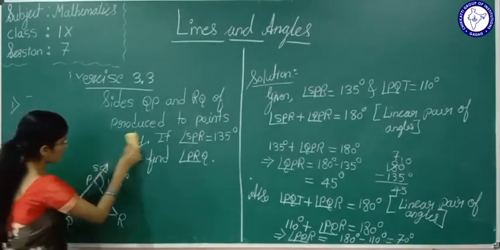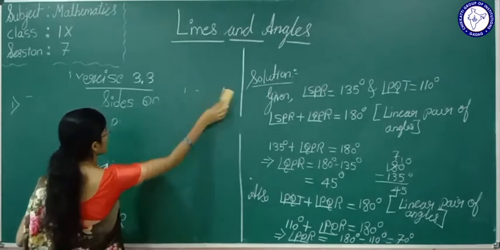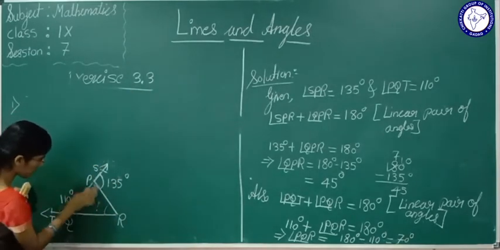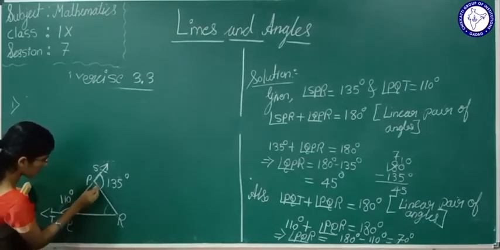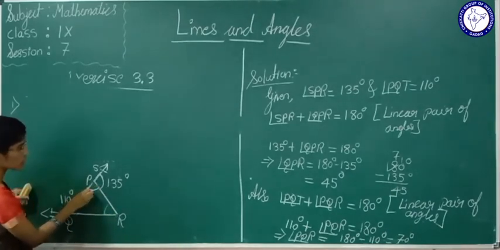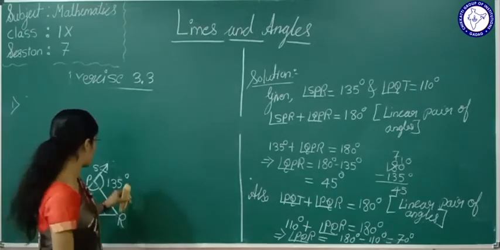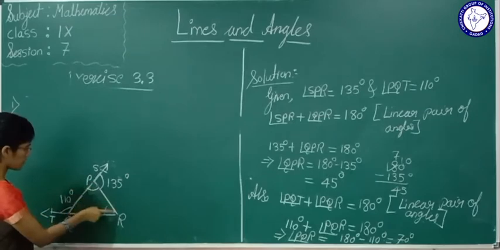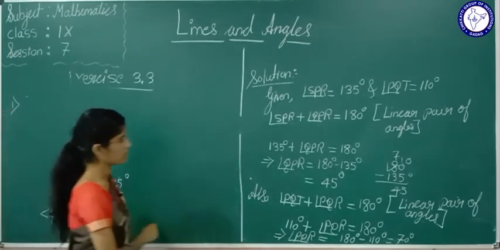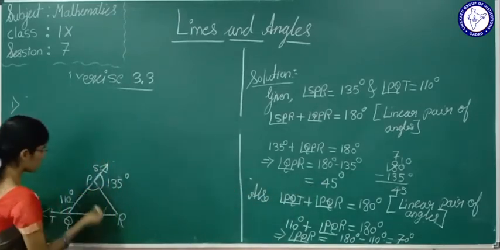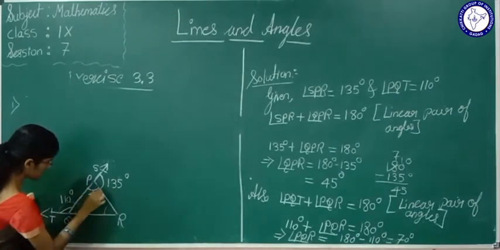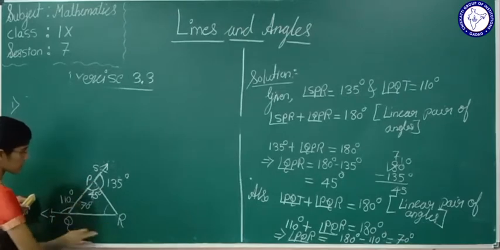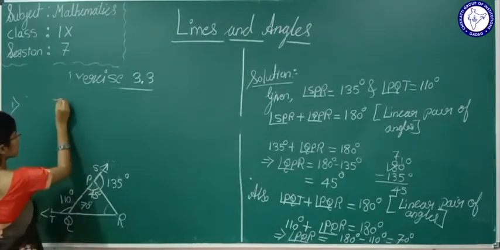Now see students, actually we want to find out what? Angle PRQ. Now see here, they told to find out PRQ. This we have to find out. We got this value. What we got the value of this? That is RPQ, 45 degree. We got 45 degree. So what we got this? 70 degree. Now see, in this triangle we can use the angle sum property.